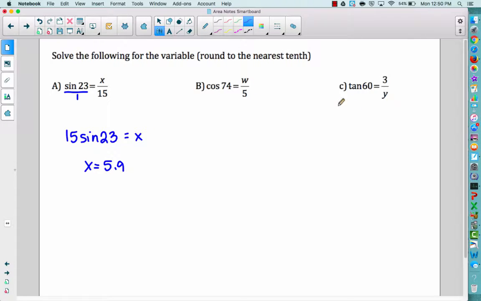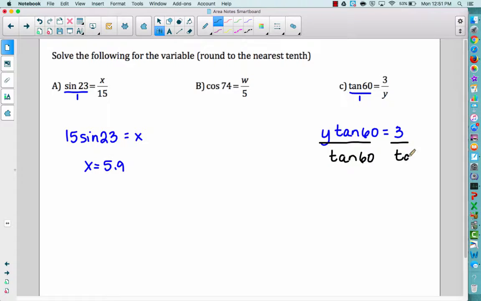All right, let's look at C. This one's slightly different. When we make it our proportion, we cross multiply, that y goes in front of the tangent 60, still equaling 3 times 1, which is 3. But now I'm solving for y, so that means I actually have to divide both sides by the tan of 60.